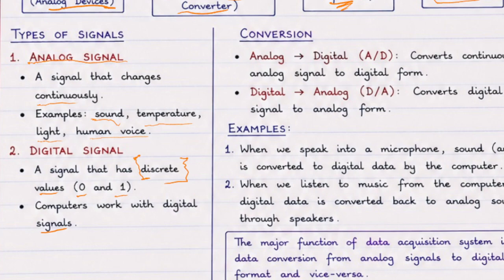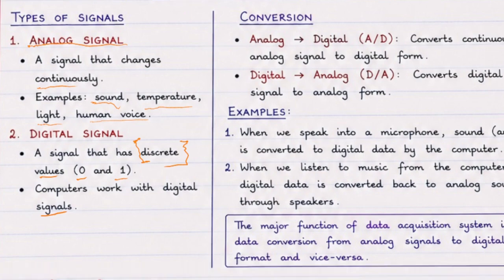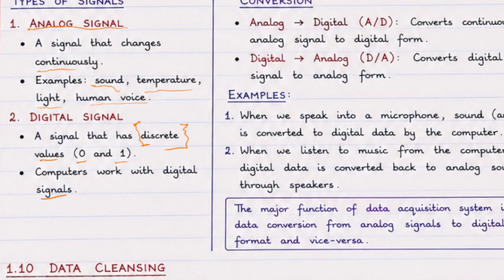Example, when we speak into a microphone, the sound is analog and is converted to digital data by the computer. When we listen to music from the computer, digital data is converted back to analog sound through speakers.